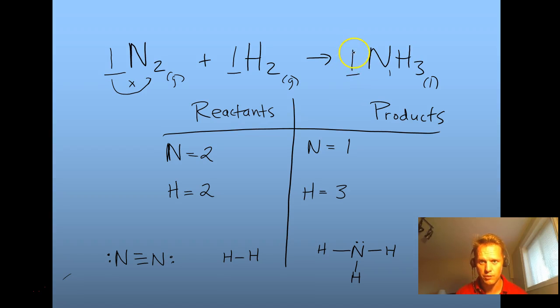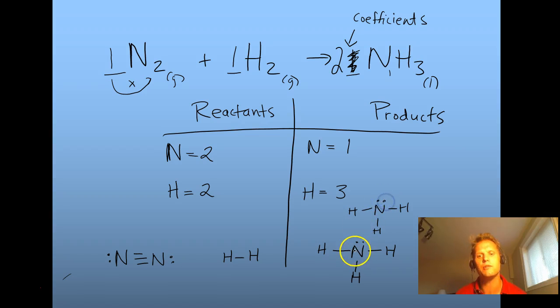What we're going to do is you pick one, and it doesn't matter which one you pick. I'm going to change this to 2. You have to change the coefficients to whole numbers. So coefficients are the numbers that are in front, and they represent the amount of molecules that you have. And I'm changing this to 2. So now I have another ammonia on this side.